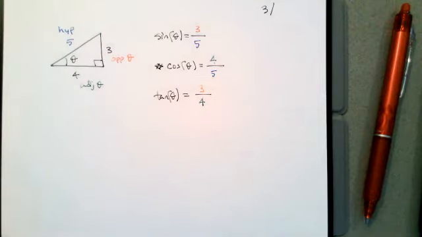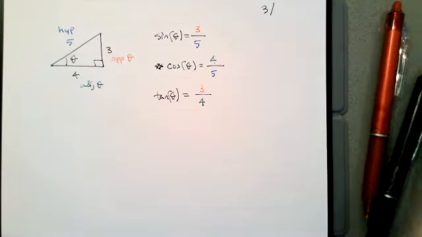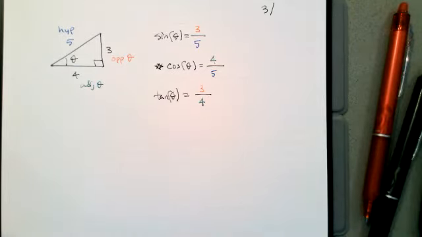So the ratios of the sides will give us a trig function of the angle. Any questions? Note that we didn't get the angle itself. We just have the sine of theta or the cosine of theta or the tangent of theta. So that's an important thing to note. It's like, oh, well, how does this help us figure out what the angle is?